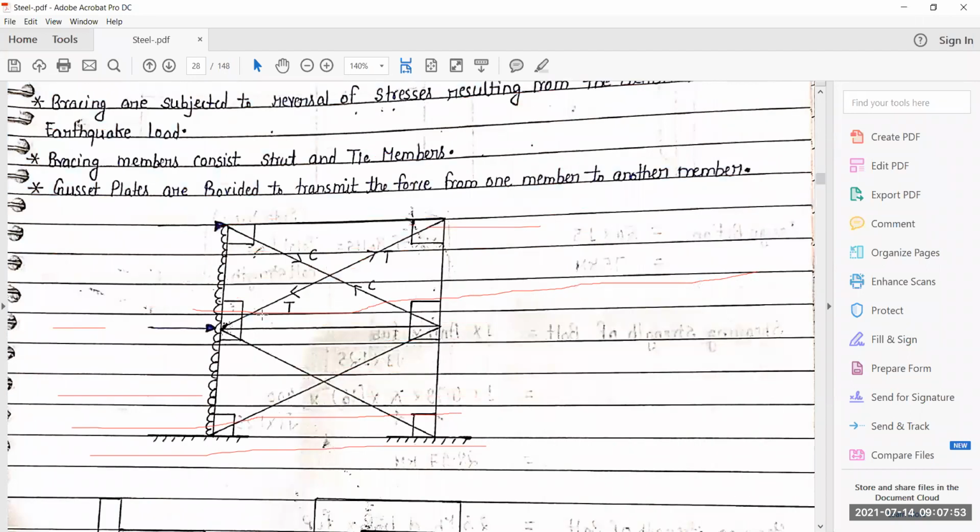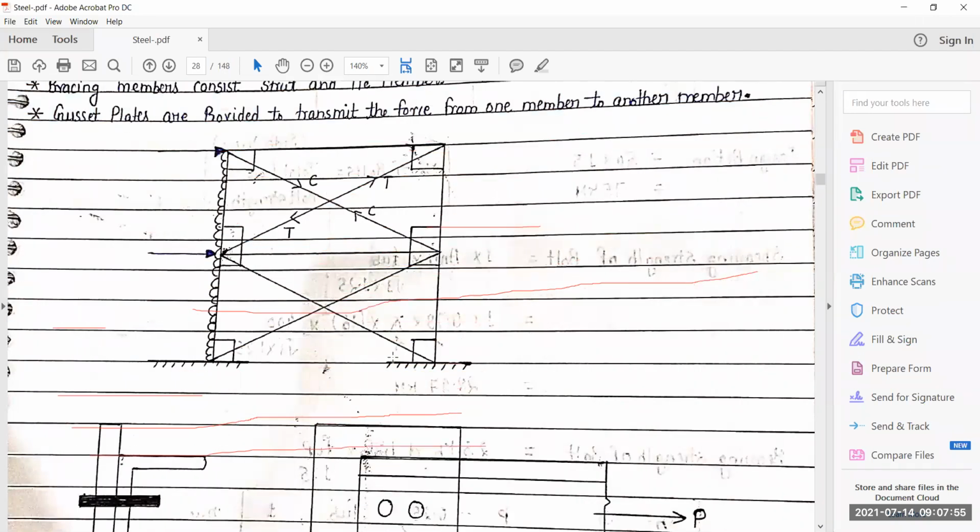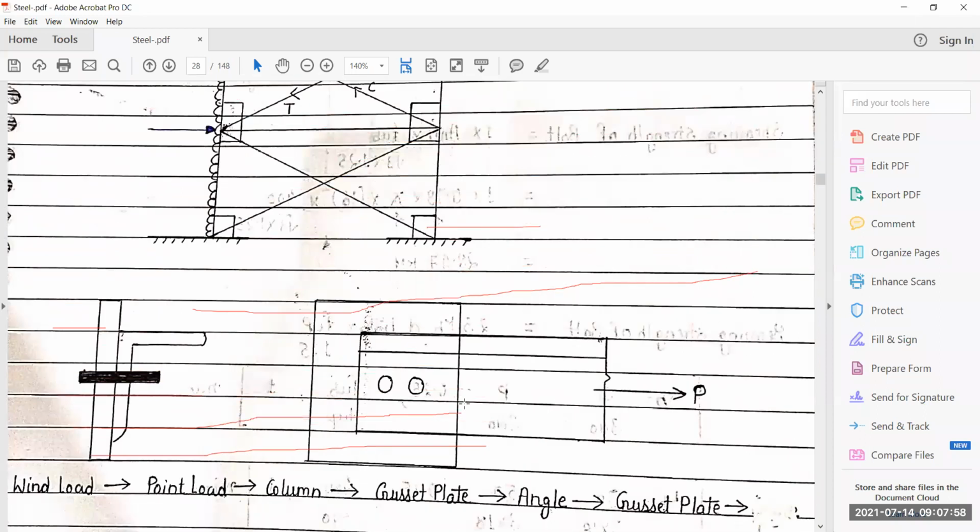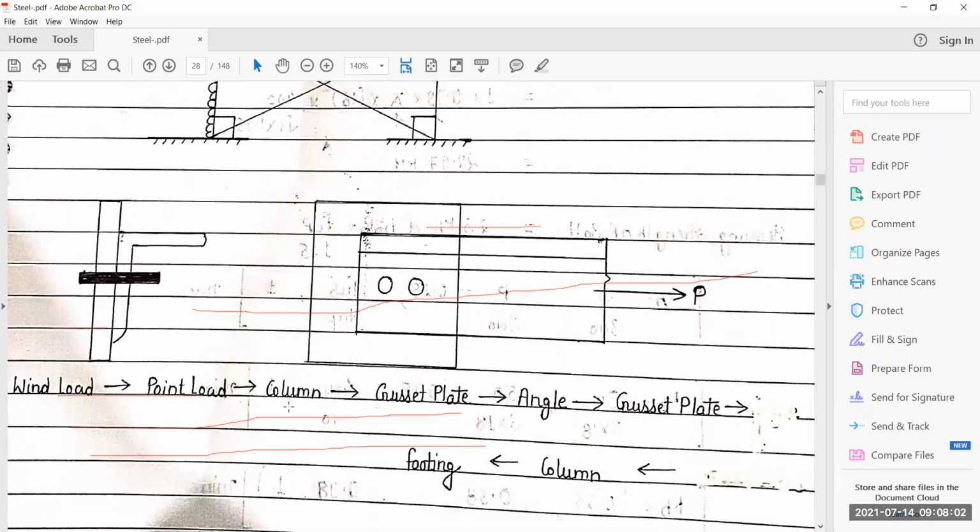This is the image of the gusset plate shown in the figure. This plate is connected. So wind load, point load, column, gusset plate, angle and gusset plate, footing, then column and footing.